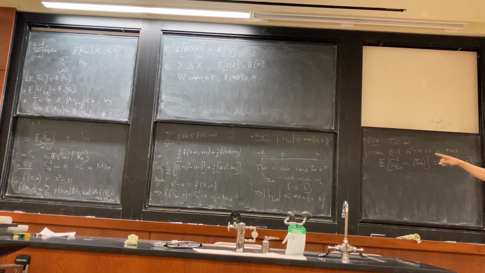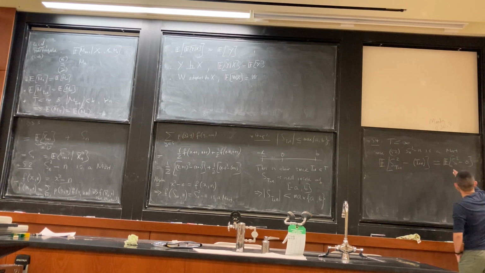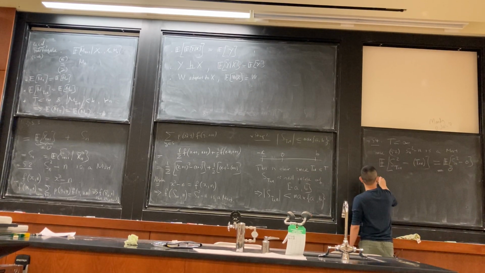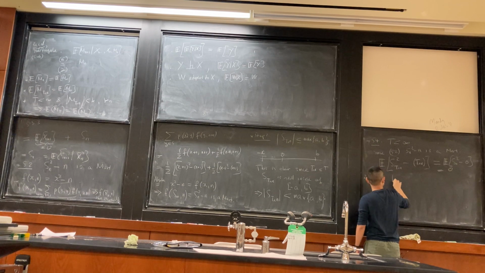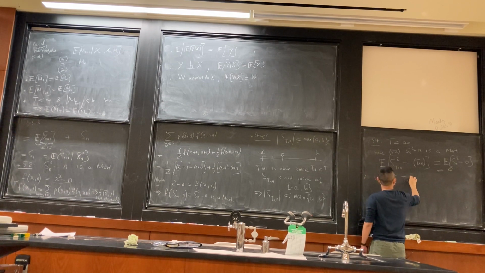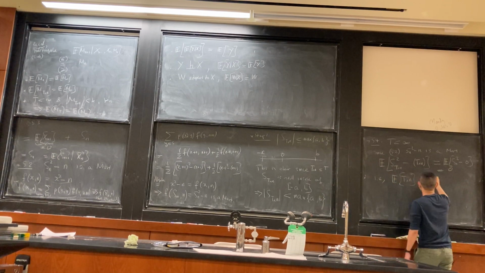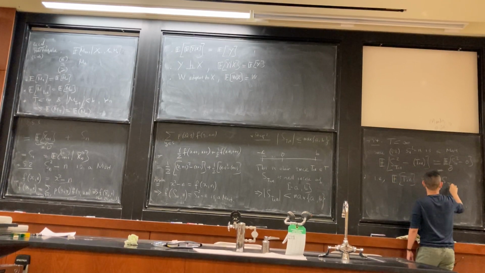That is the first theorem above there. And of course, this is 0. So in other words, what do I have? I have the expected value of T∧n as a random variable, which is equal to E[S_{T∧n} squared].